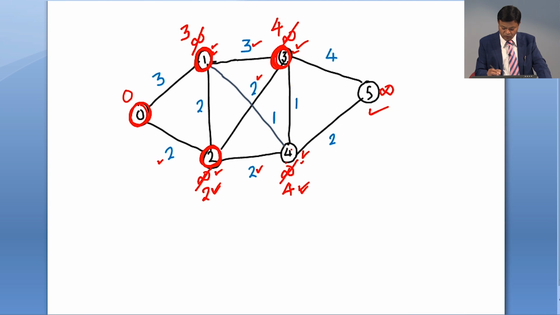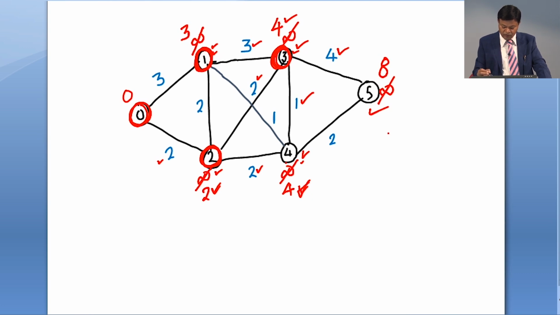Now if I want to go to 4, I'll have to add this 1, so this will become 5, which is greater than 4, so I'll not change. Now from 3, if I want to go to 5, distance up to 3 is 4, and I'll add 4 more, so I'll get a distance of 4 plus 4, 8. So I'll be replacing infinite by 8.